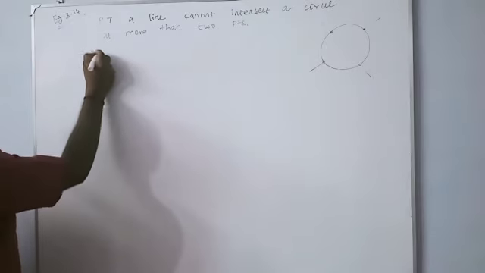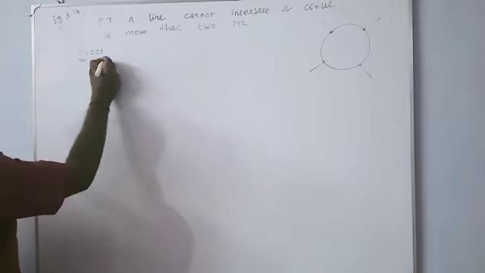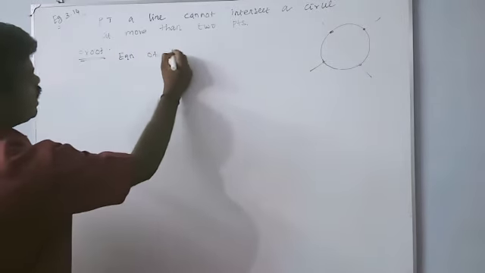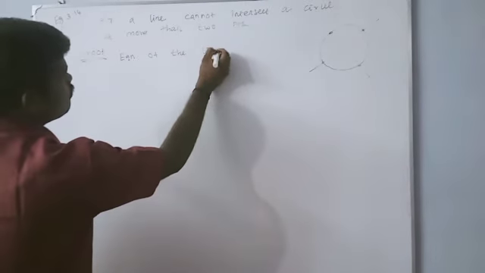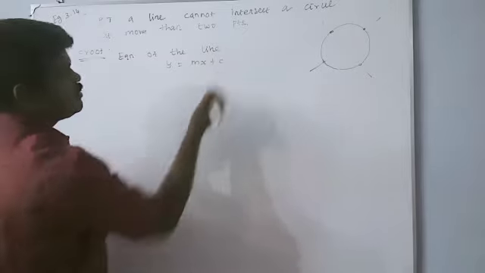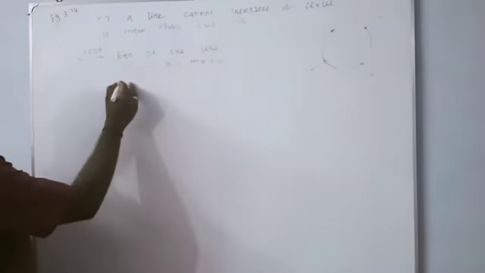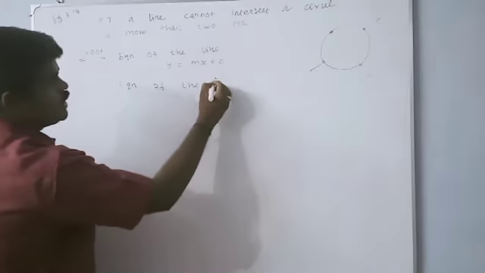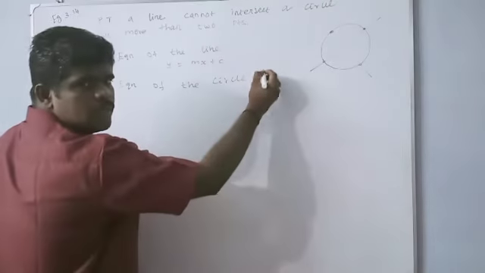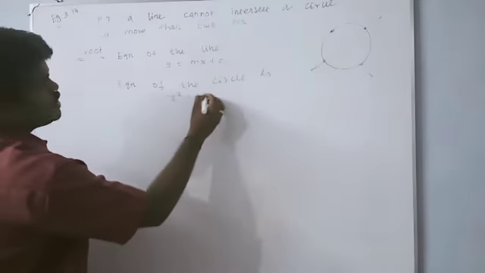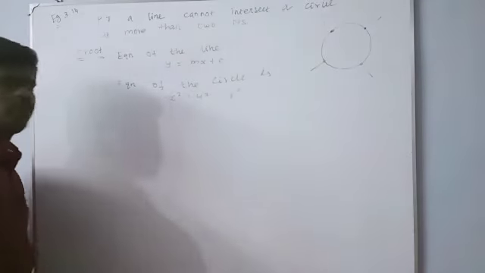Proof. How to prove? First, the equation of the line: y equal to mx plus c. And the equation of the circle is x squared plus y squared is equal to r squared.